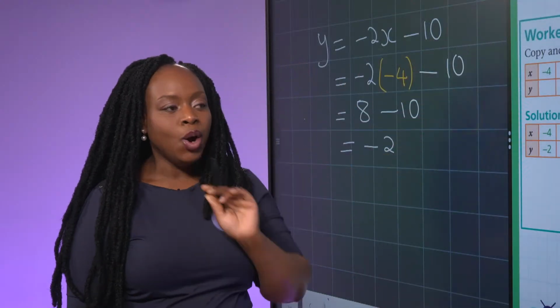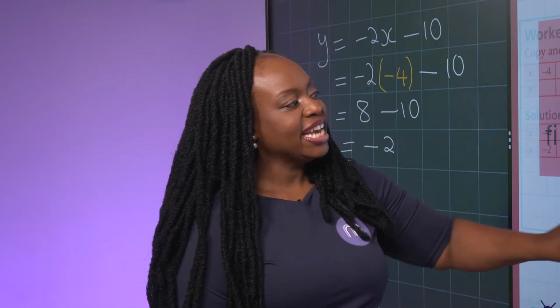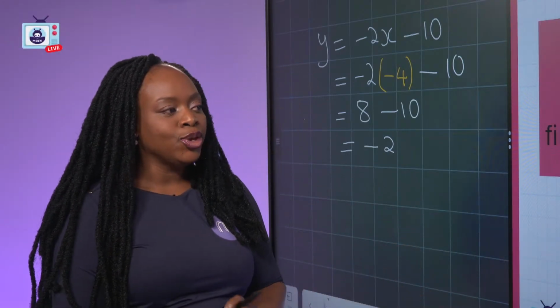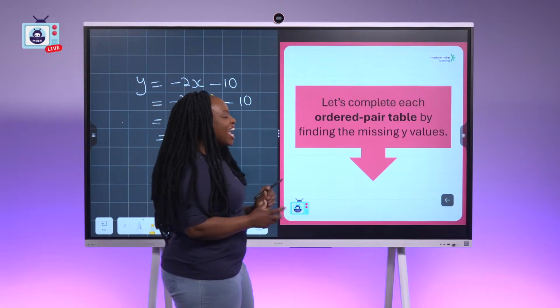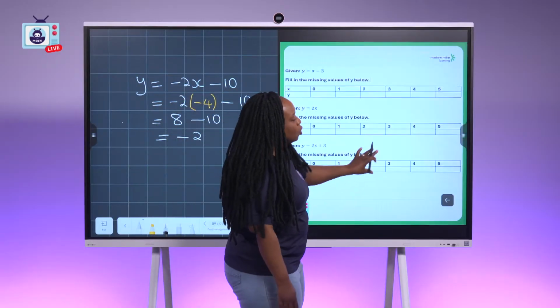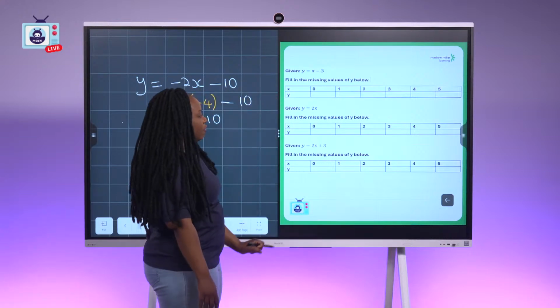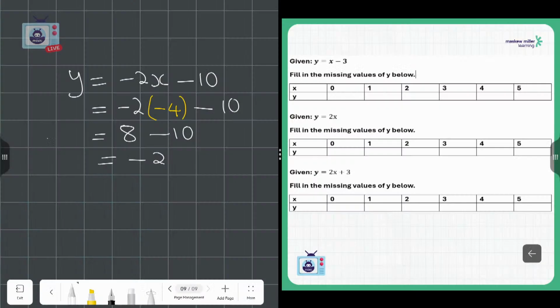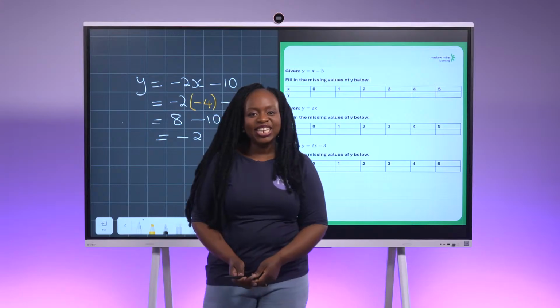I hope you have taken it, because the next part is where you have to work a little bit and complete the missing y values, which is your output. I'm going to give you a few minutes to start with number 1, and then we do number 2 and number 3, so that we can get to the solution.